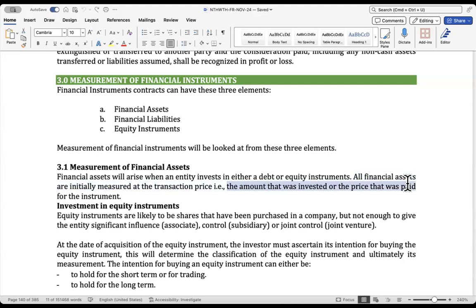Okay, I've been talking for too long. So who can tell me the double entry for that? Let's say you bought, you lent money. Let's say you lent, who can tell me the double entry for that?